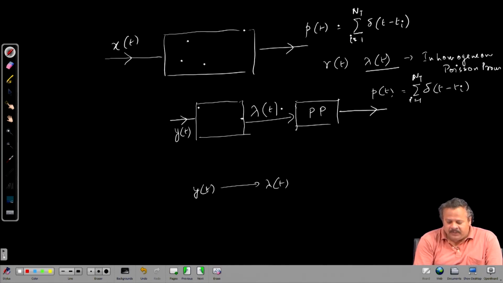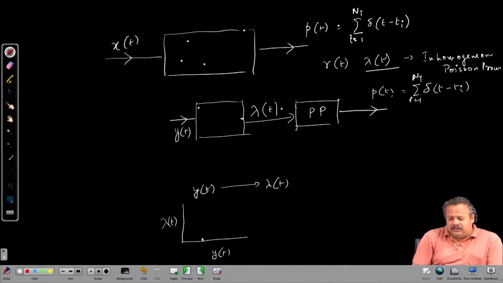And how so? The first step is that there is a threshold. So let us say our yt is here and lambda t is here. So the rate is 0 up to the threshold membrane potential. So there must be a threshold, and after that there is an increase in firing rate or the probability of spiking as the membrane potential is larger and larger.